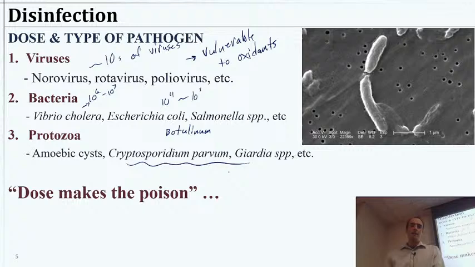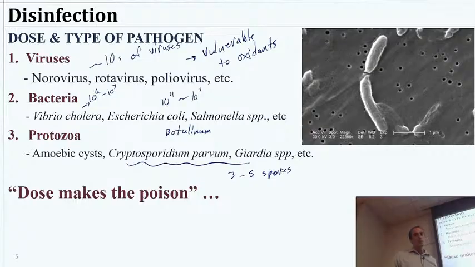If you get even just, I think, something like 3 to 5 of these spores or cells, it will get you sick. You'll not be happy for a while. And these sometimes take a few months to clear. So we want to get rid of those.